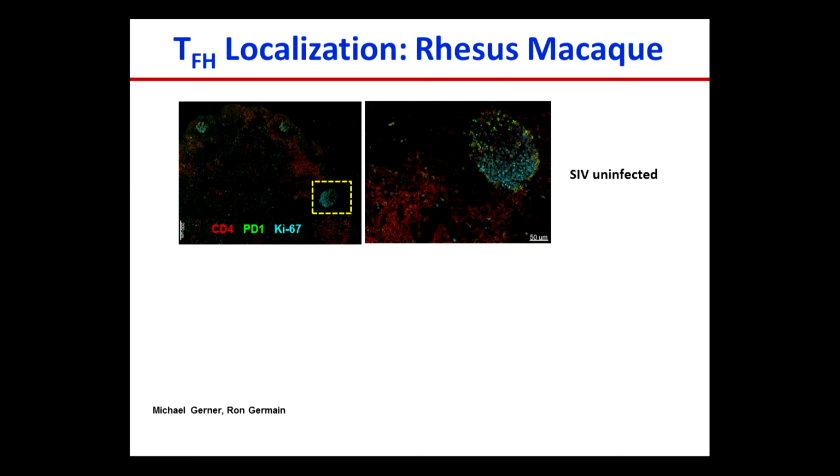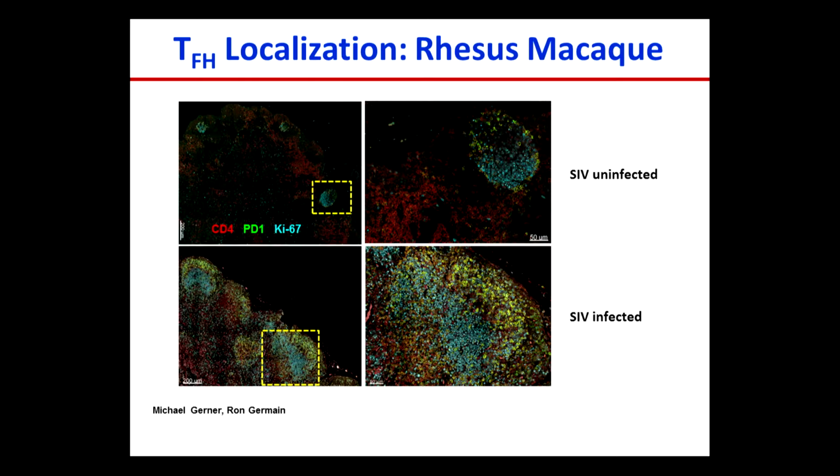In SIV infection, however, what you see are these much larger germinal centers where you have this very large light zone where you have a lot of T follicular helper cells interacting with B cells, and this area of B cell proliferation. And if you look, you can see you have a number of these big expanded, disorganized germinal centers.